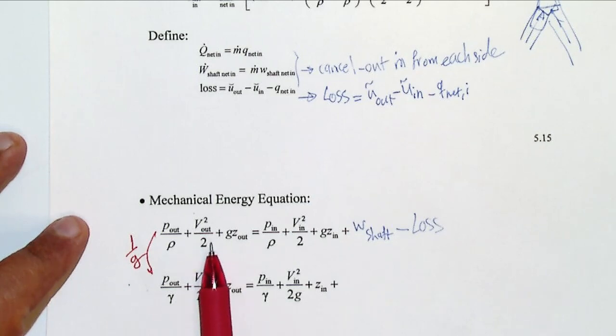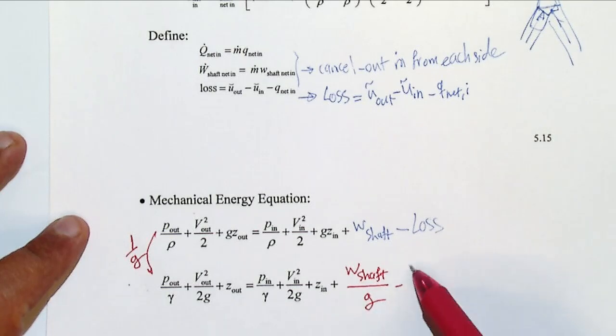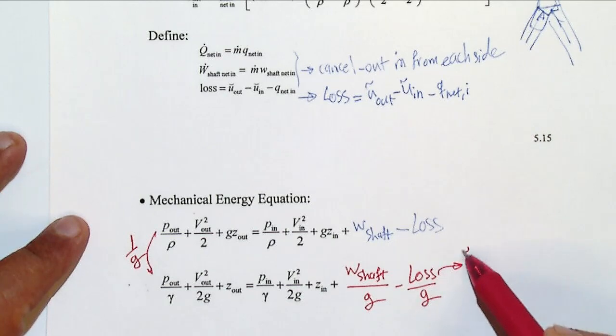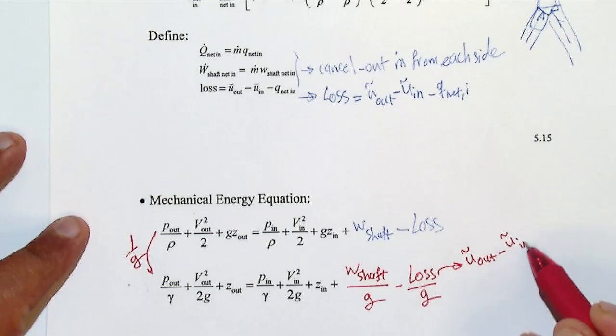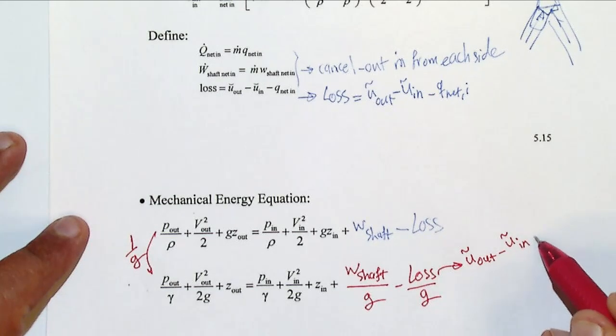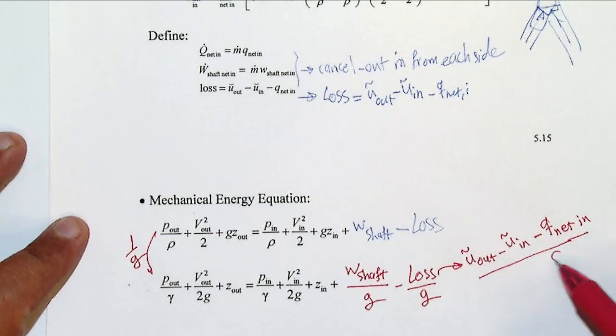The g here cancels out. The same here. What we are left with is W shaft over g minus loss over g. And again, loss is U hat out minus U hat in minus Q net in, all over g.